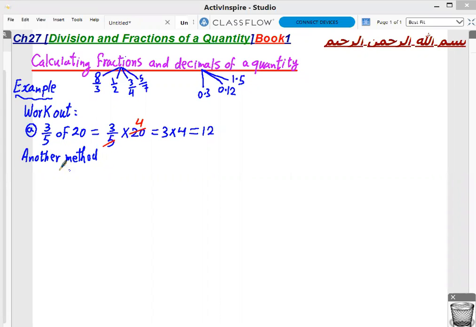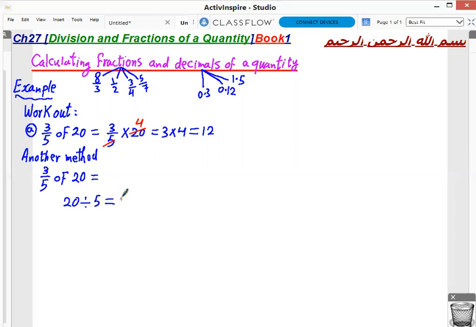If you want to calculate 3 over 5 of 20, you take 20 divided by 5.